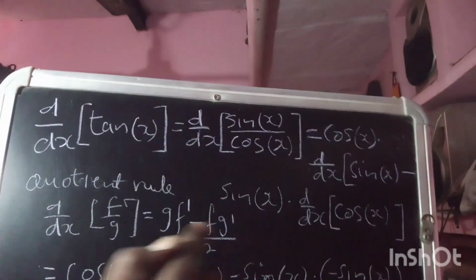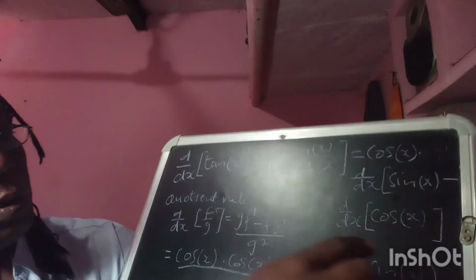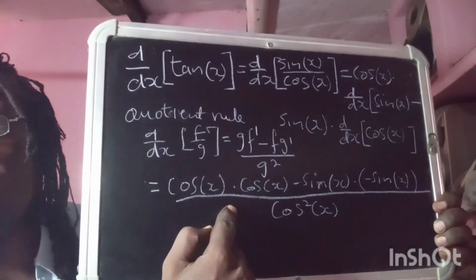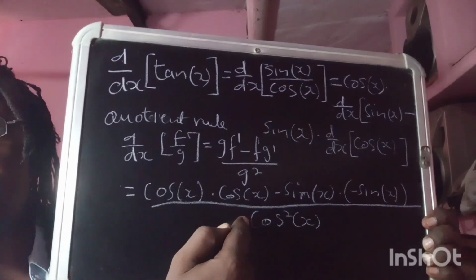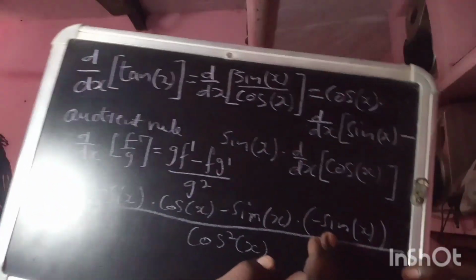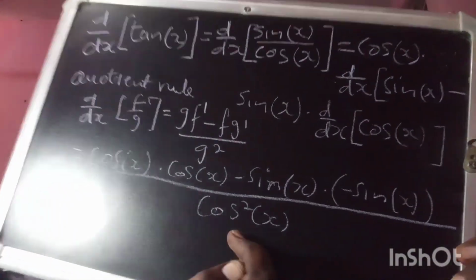We are following this formula. Once we do this, this is what we'll get: cosine x times cosine x, minus sine x times minus sine x, over cosine x squared.